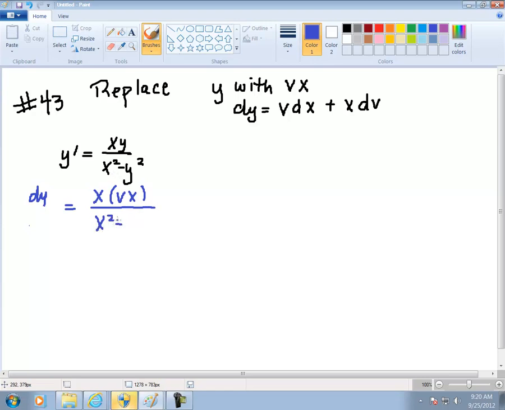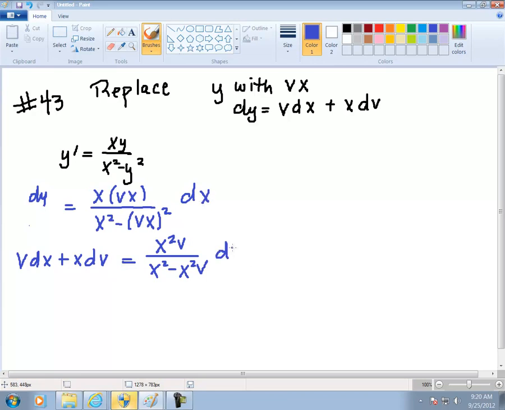In place of y, I'm going to have vx squared. All right, and now for my dy on this side, it becomes v dx plus x dv, and now that's going to be equal to, I can go ahead and multiply this out, x squared v over x squared minus x squared v. Okay, and I'm sorry, I forgot the dx here.